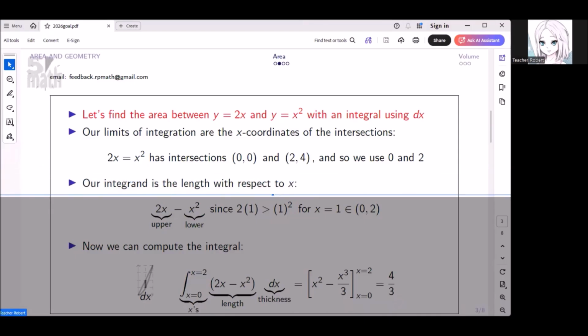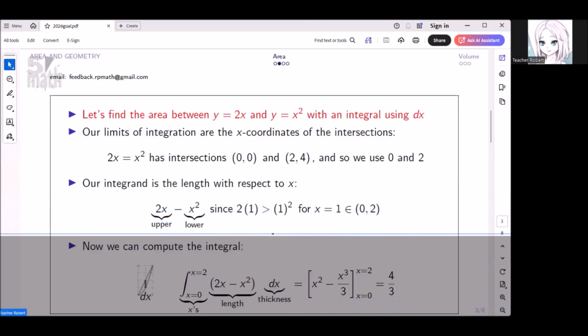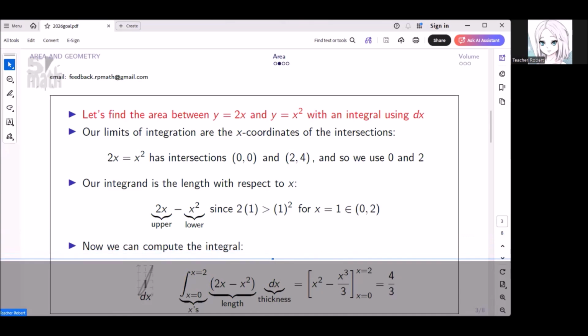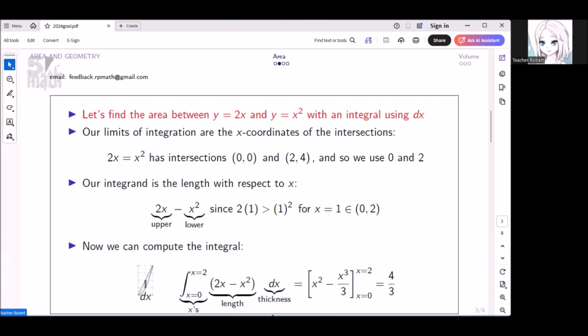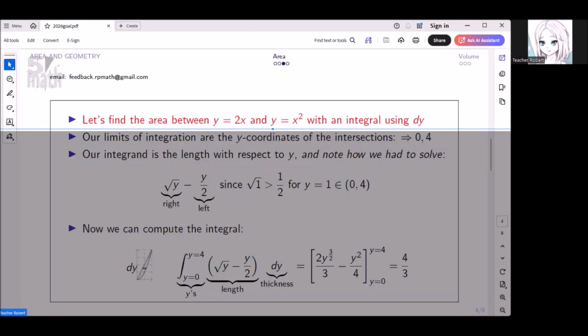Our integrand is the length with respect to x: 2x, which is upper, minus x squared, which is lower, since the following. Now we can compute the integral. And we get 4 over 3.